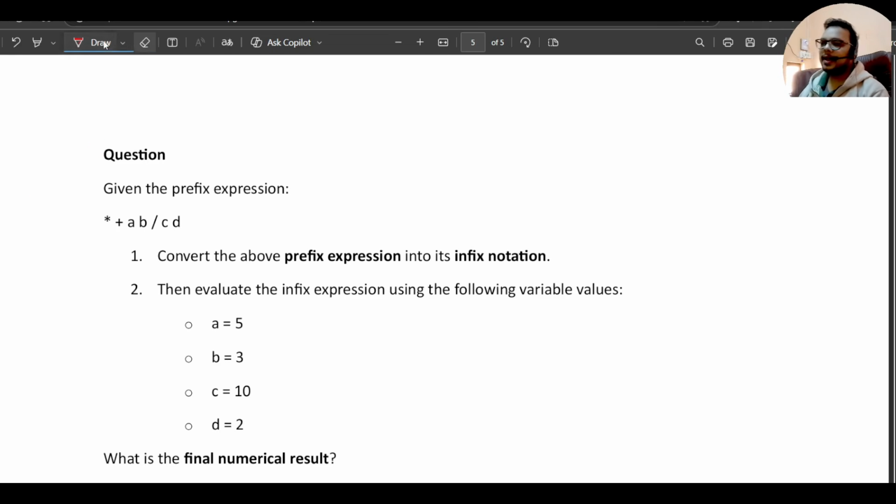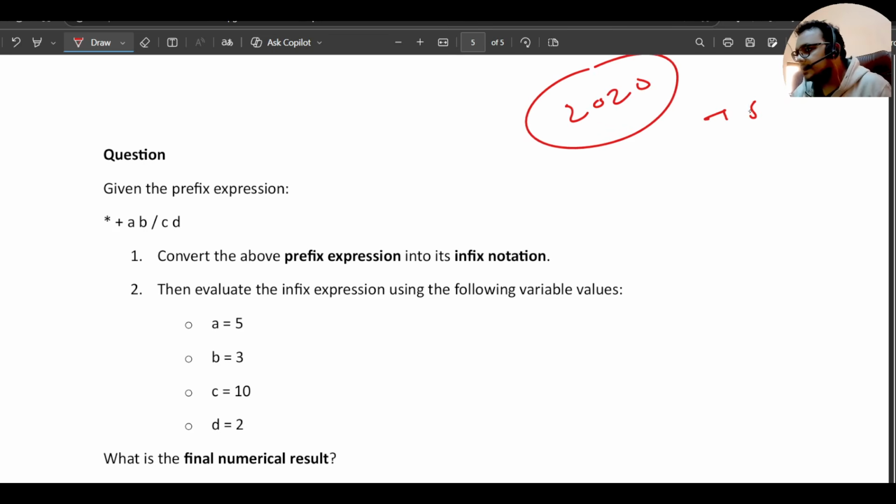Like, see, I am teaching you these questions. I read data structures and algorithms in the year 2020. It's 5 to 6 years. And I am teaching you this now because my concepts are still clear. I have a lot of practice. I solved a lot of questions.